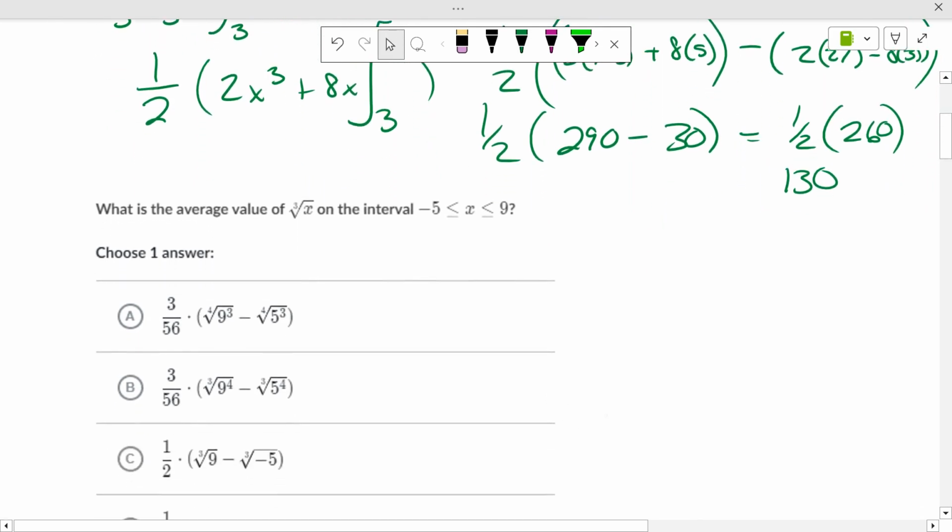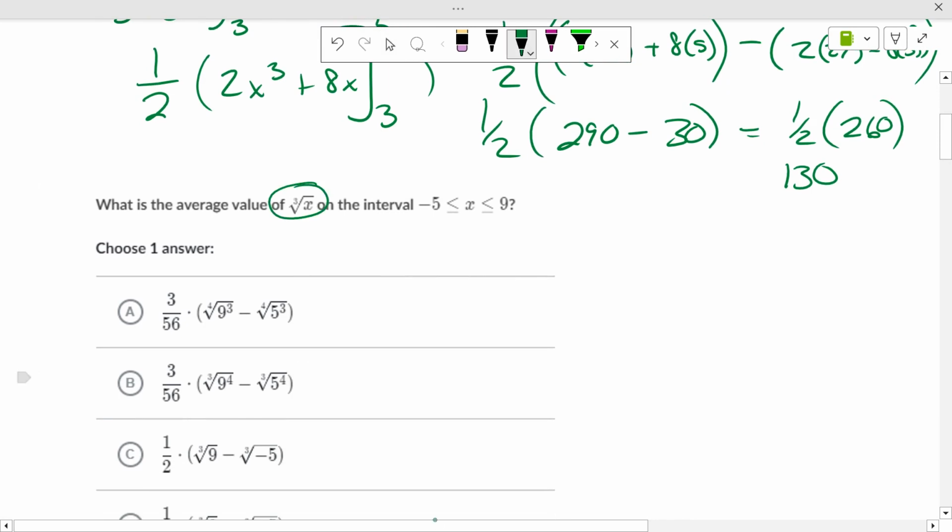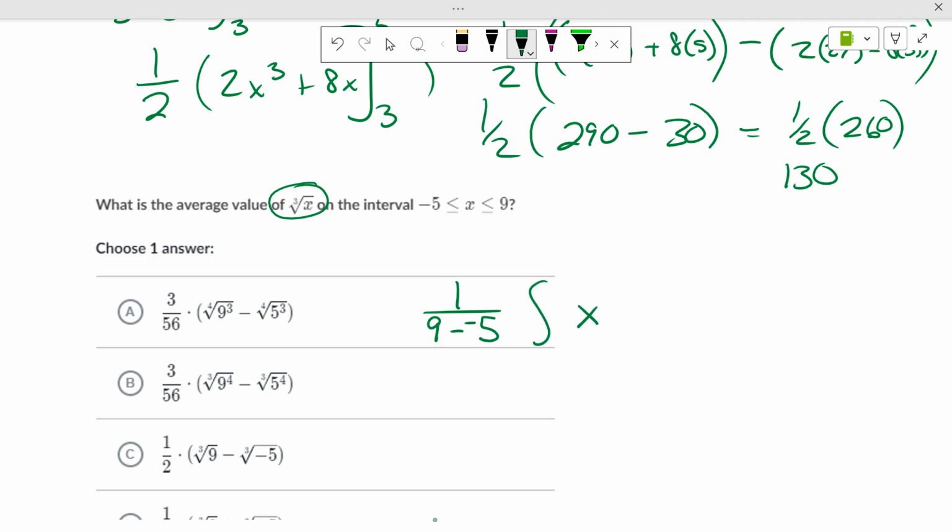All right. So the average value of this function. So you go 1 over 9 minus negative 5 for the integral of x to the 1/3 power from negative 5 to 9.